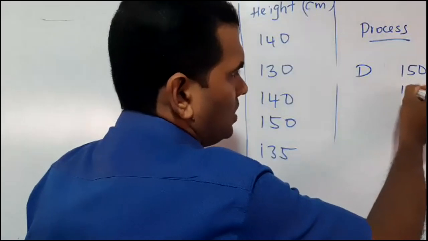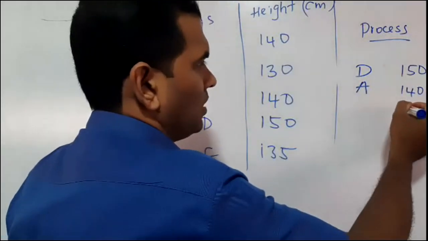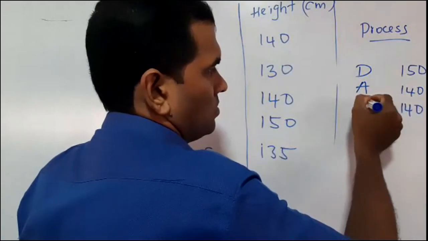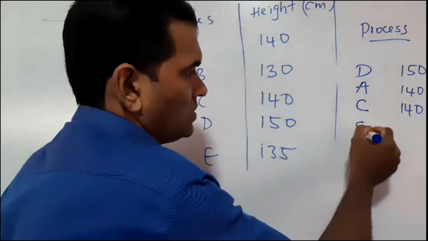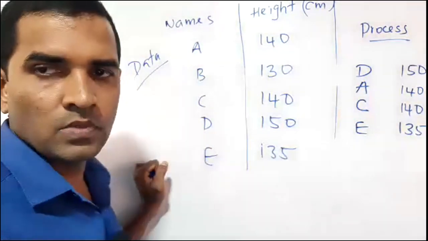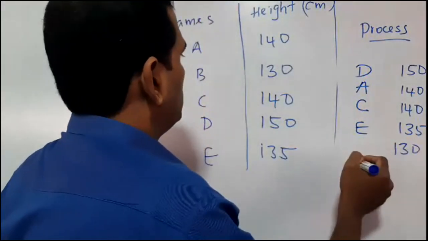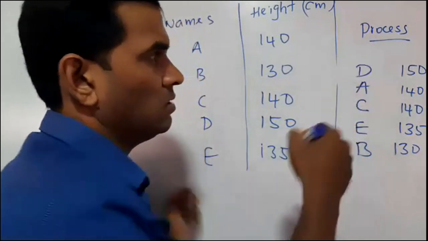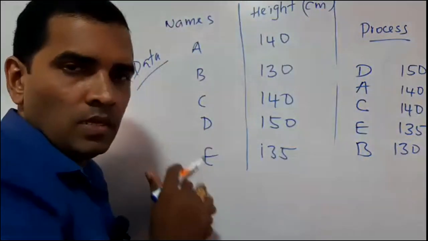So 140, A, and also C, 140. Then E is there with 135 centimeters. Finally, you have 130, which is who is it? B, right? Okay.